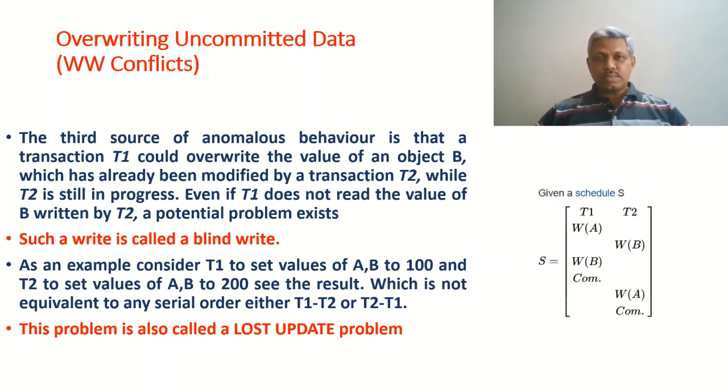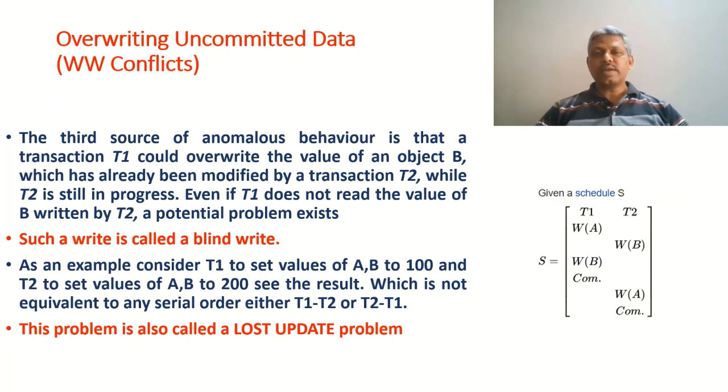Now let us see an example. T1 is writing the values of A and B as 100, whatever the values may be, blindly, and T2 is writing the values of A and B blindly as 200. Look at the interleaved operations of the schedule for T1 and T2.